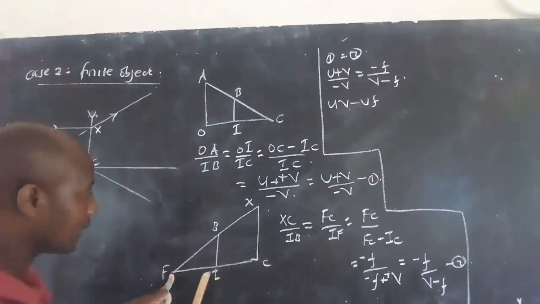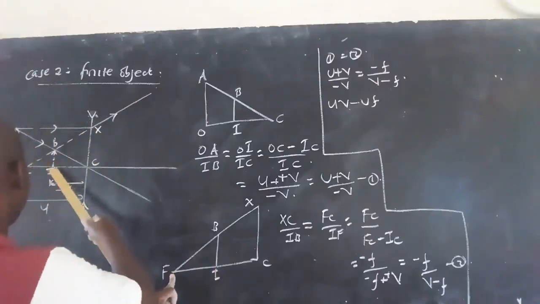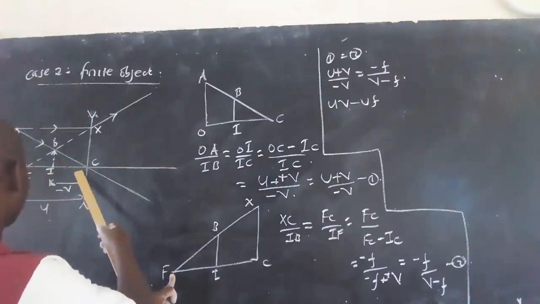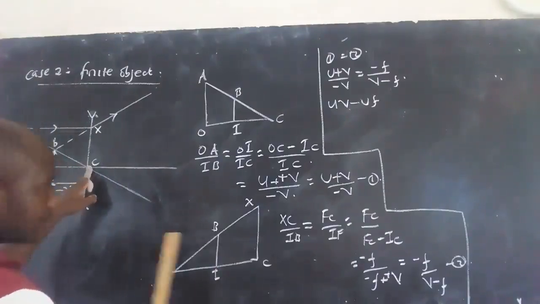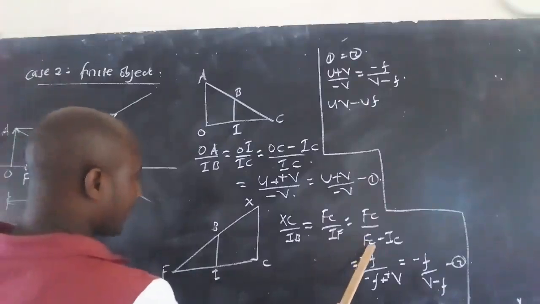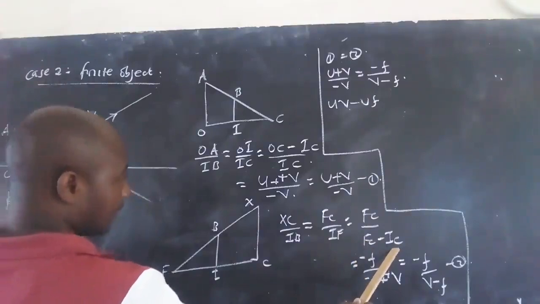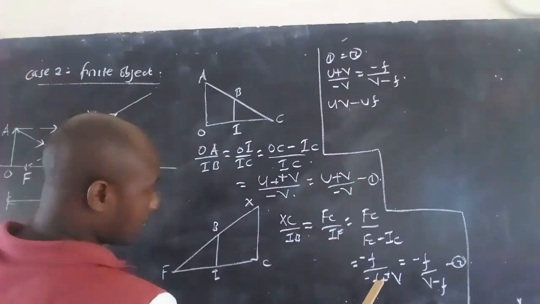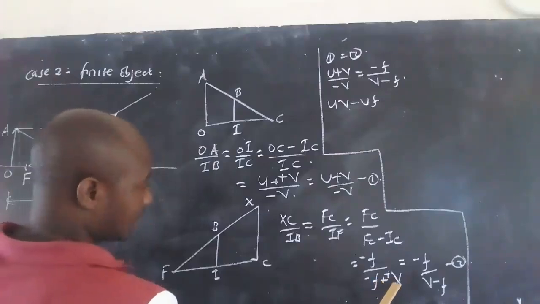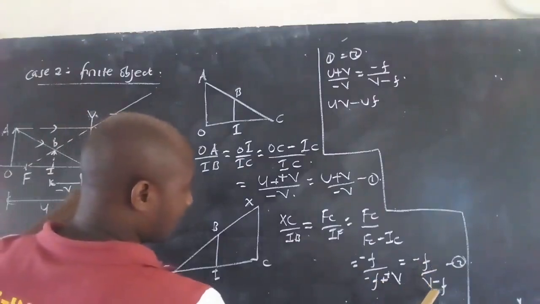But then to get IF, it will be FC minus IC, which is negative F minus V, which is negative F over V minus F.